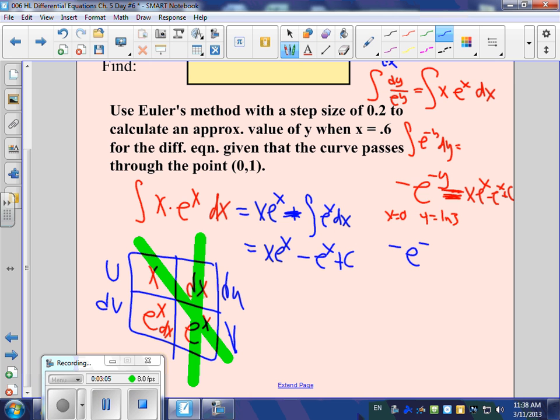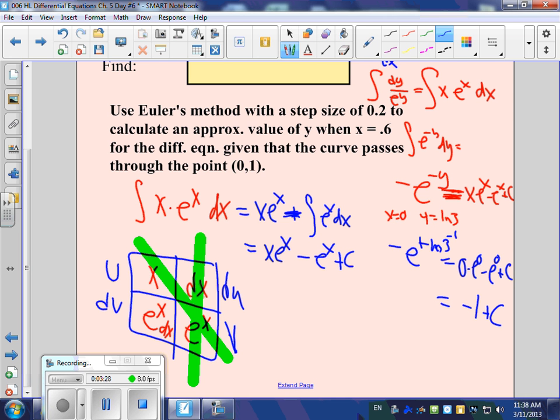So x equals 0, y is the natural log of 3, so here goes. Minus e to the negative natural log of 3 equals 0 times e to the 0 minus e to the 0 plus c. Well, this is easy. 0 times anything is 0. E to the 0 is 1, so it'll be negative 1 plus c on this side. Now, if I have a negative 1 here, I pull that up here.